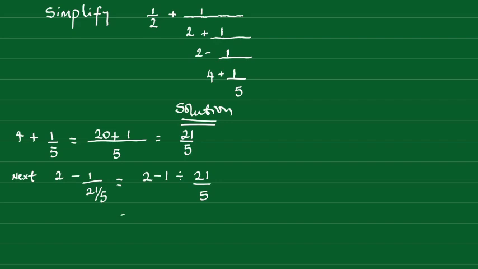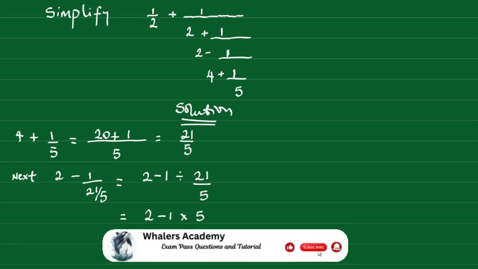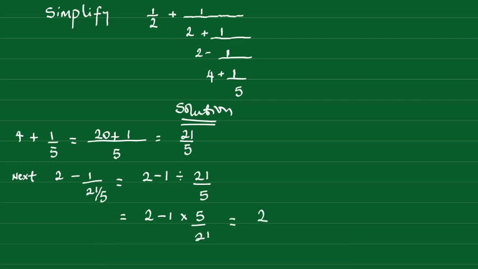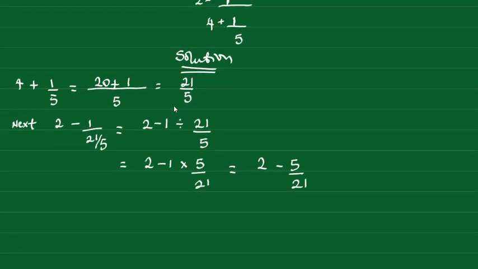We convert our division sign to multiplication, so we have 2 minus 1 times 5 goes up, 21 comes down. This in turn is equal to 2 minus 1 times 5 gives us 5. So we have 2 minus 5 over 21. Now we continue with our solving.